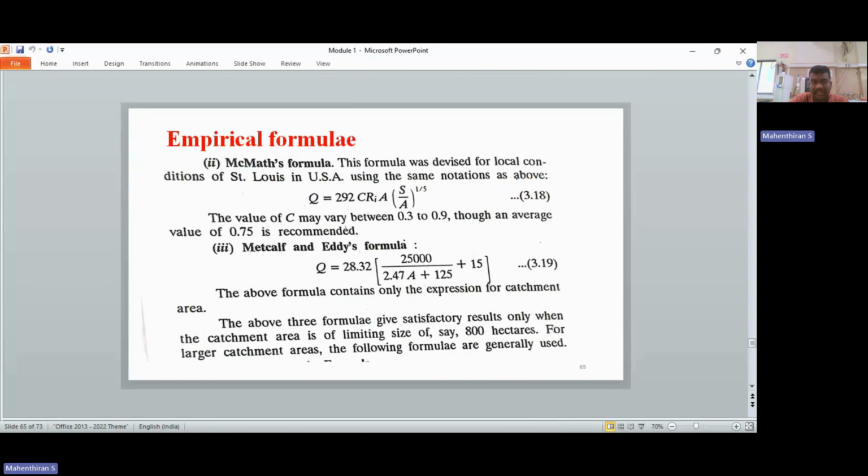Next, we are moving to the coefficient C. The value of C may vary between 0.3 to 0.9, though an average value of 0.75 is recommended. Now you notice two things here. McMahon's formula allows for a lower minimum C value of 0.3.